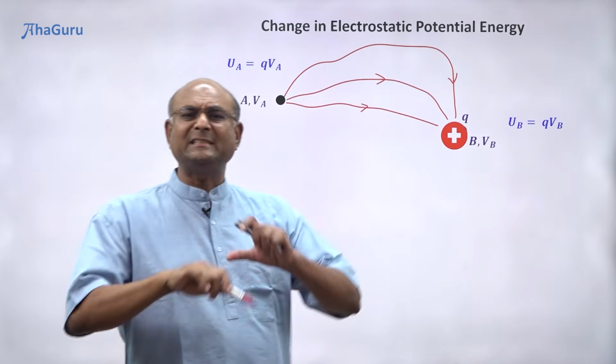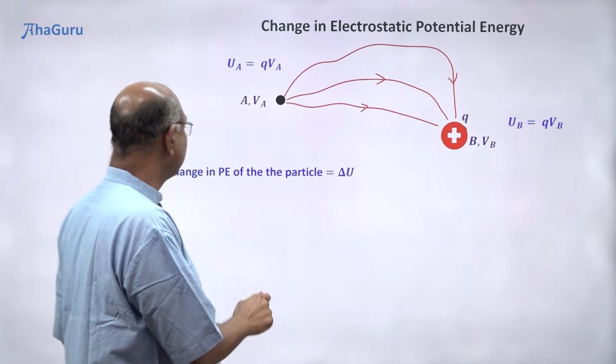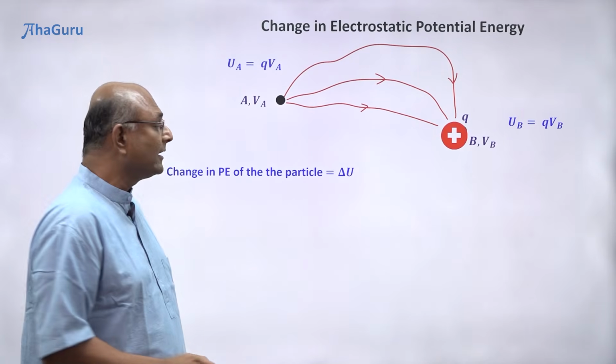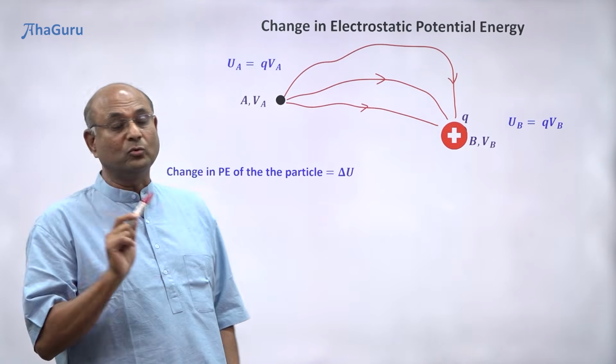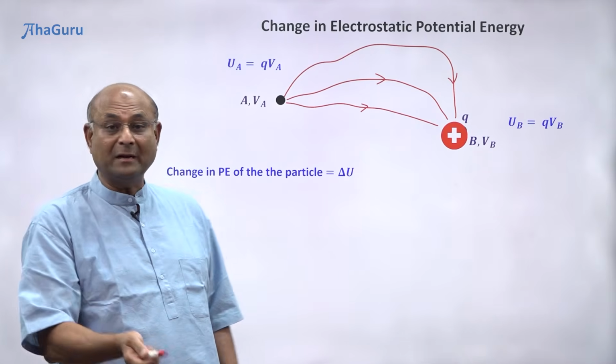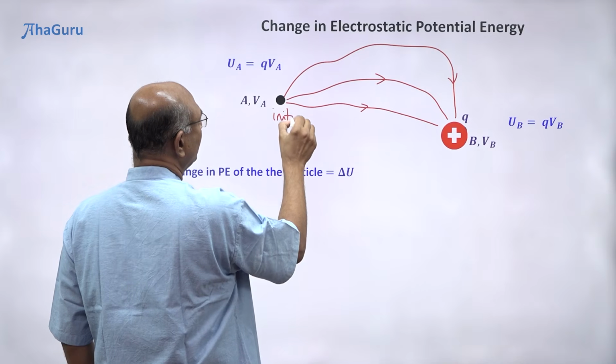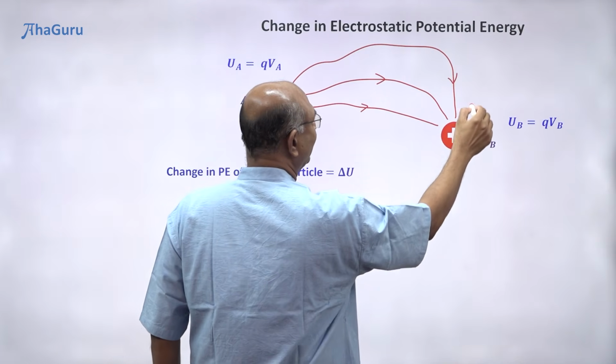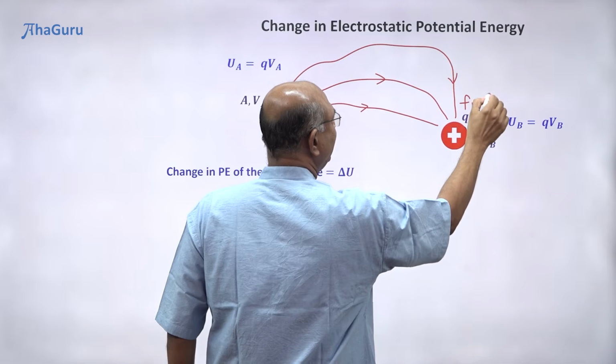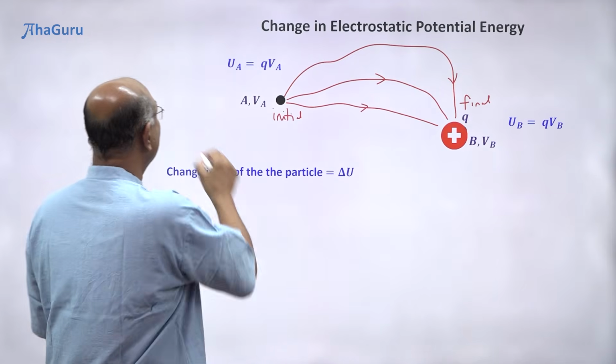So what will be the change in the potential energy? Change in the potential energy, we will write it as delta U. Now change is always final minus initial. This was the initial point. That is the final point, right? And change, delta, is always final minus initial.